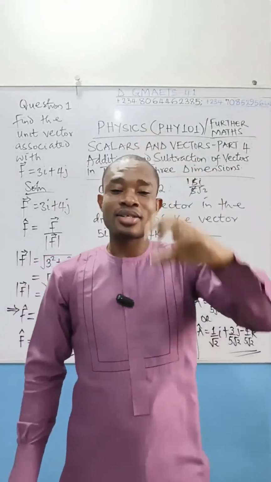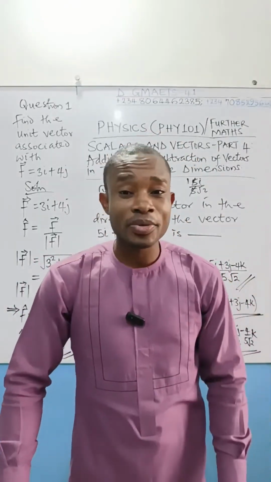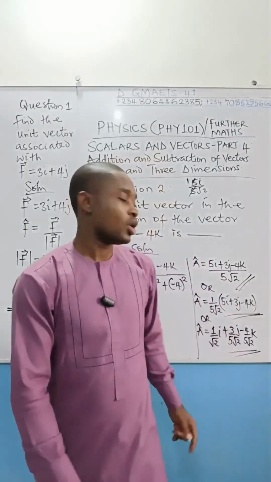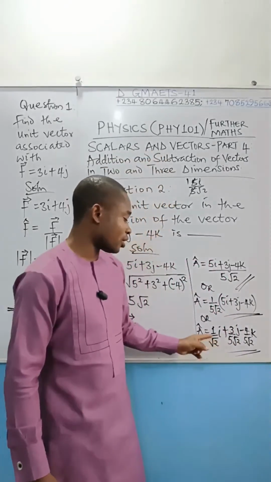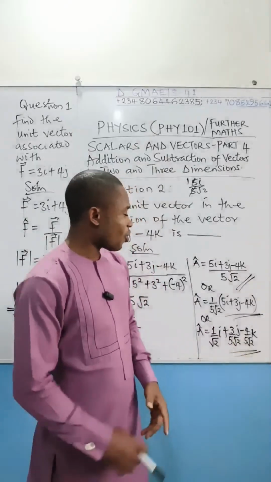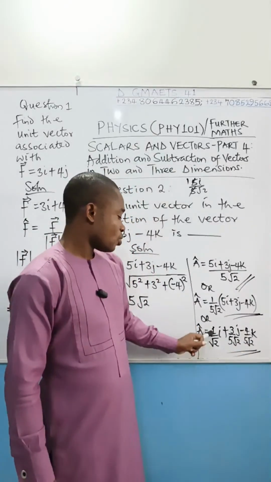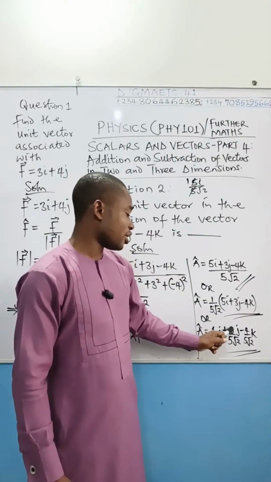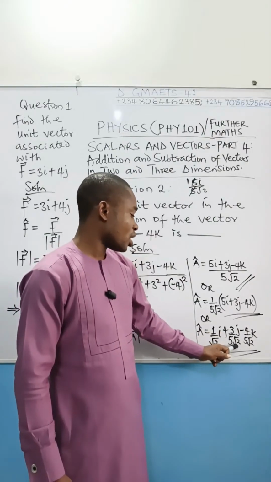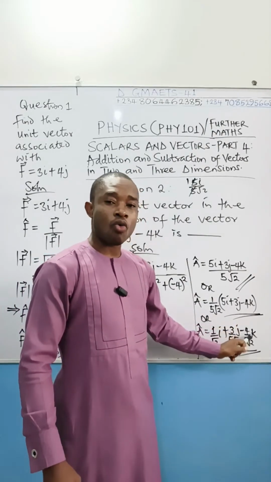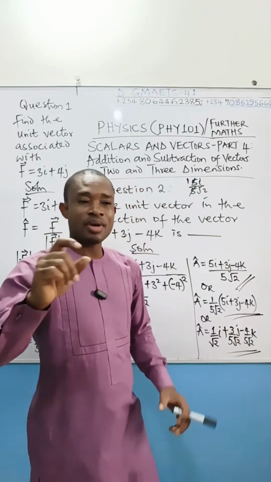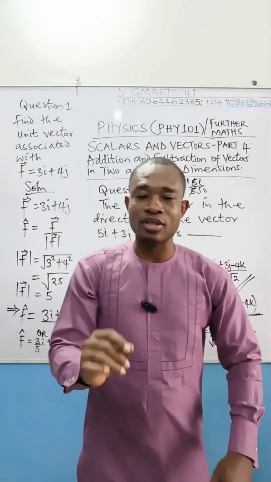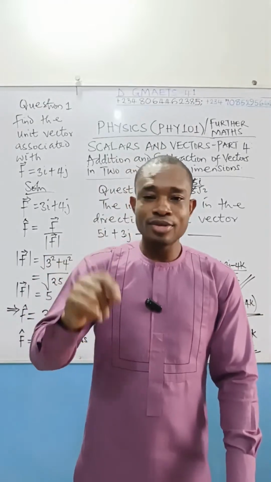If you are asked to obtain the scalar components of the unit vector, all you have to do is pull out all the scalars here. And what are the scalars? Just these numbers: 1 over root 2, 3 over 5 root 2, and minus 4 over 5 root 2. Remember, if you are pulling out just the scalar components, you do not add, you do not subtract.